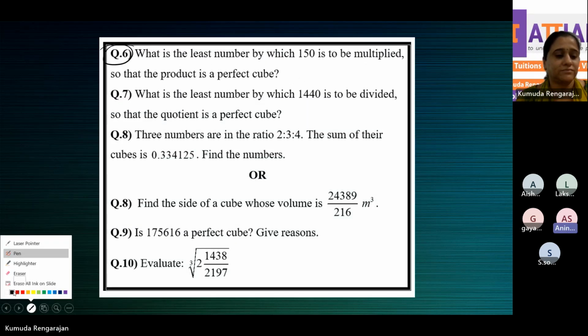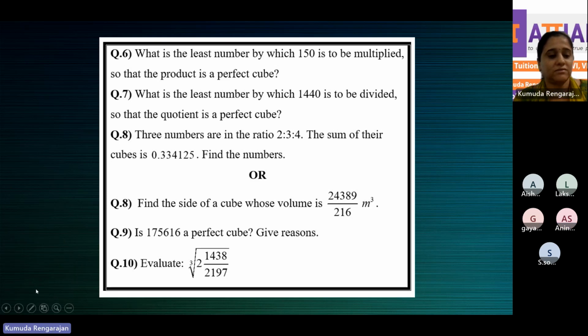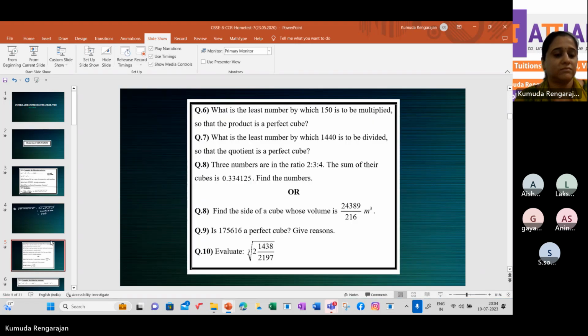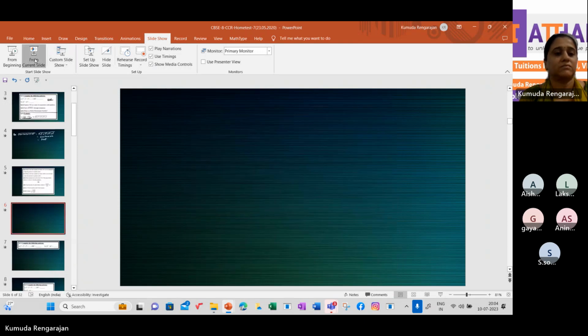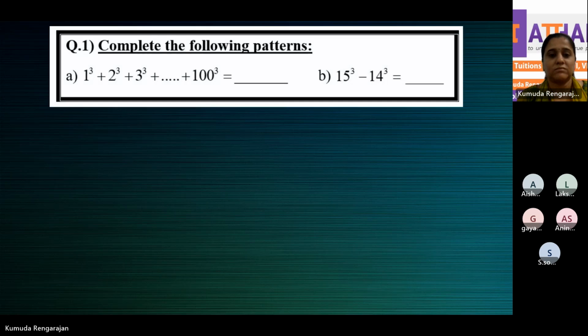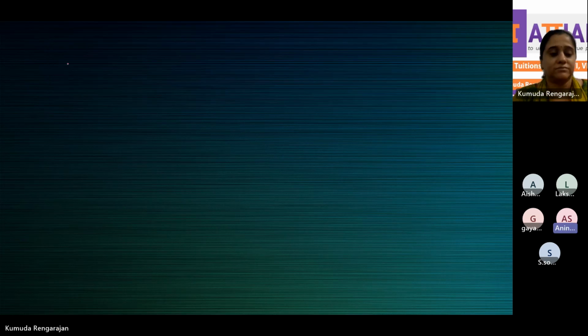Ma'am, so 5 threes are 15, and then there's a 0, so 30, and 5 sixes are 30.